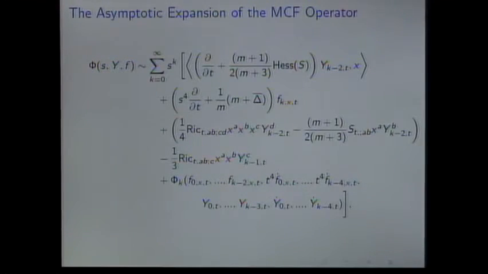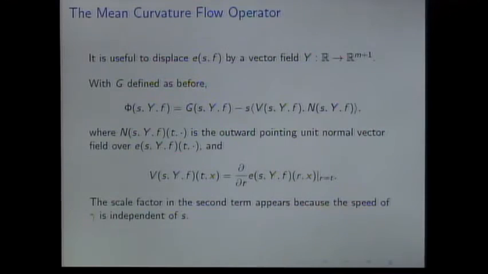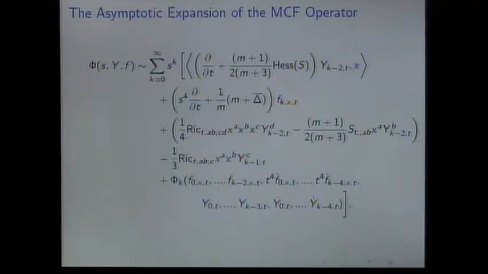Why does it give us a problem? Well, you use work again. You get here our asymptotic expansion for this thing phi. Phi is the mean curvature flow operator, this thing here. When this thing is equal to 0, my y and f give me a forced mean curvature flow. Again, we have this nice phenomenon where you will notice that the order k minus 1 term of y is quadratic.